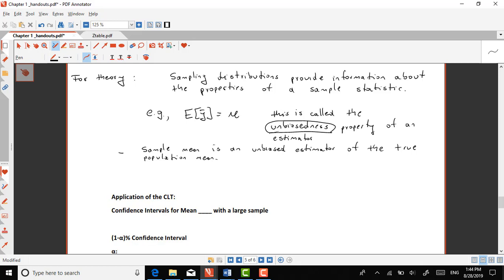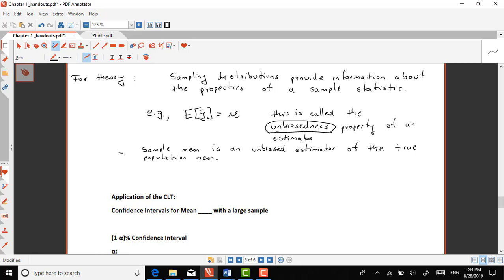I know that this property sounds great, and it's a good property for statistics. Basically, what this is telling you is that when you calculate the mean, you're only going to be correct on average. It means that only on average is the sample statistic going to be equal to the true population value.